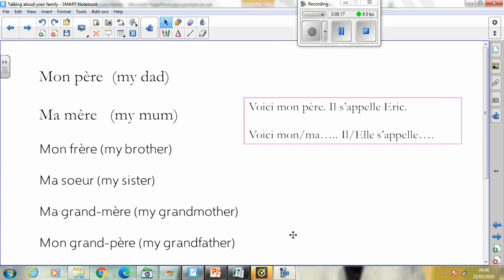He is called John. Voici mon grand-père. Il s'appelle John. We'll do one more. Here is my mum. She is called Valerie. Voici ma mère. Elle s'appelle Valerie.